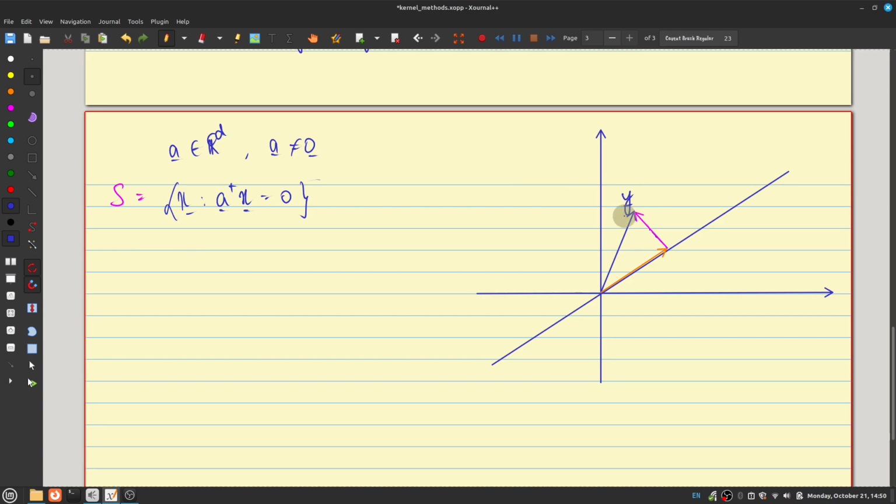So in principle, y could have a component along A or along minus A. So this y can be written as some alpha times the vector A plus beta times some other vector y prime, where this y prime lies strictly within S.